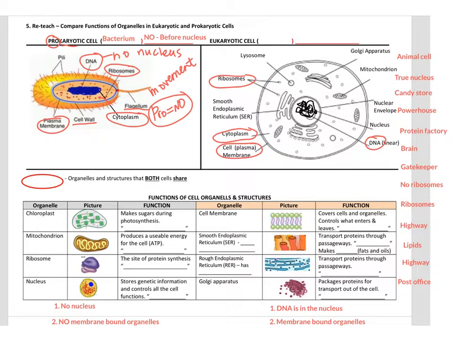Eukaryotic cells, on the other hand, do have a true nucleus. So they're more advanced, they're more complex cells. The prefix eu means true, karyo means nucleus, so true nucleus. And this is an example of an animal cell. And how do I know that this is an animal cell, not a plant cell? Well, let's ask ourselves, do we see any chloroplasts in this picture?